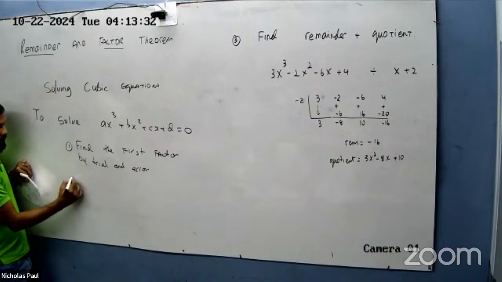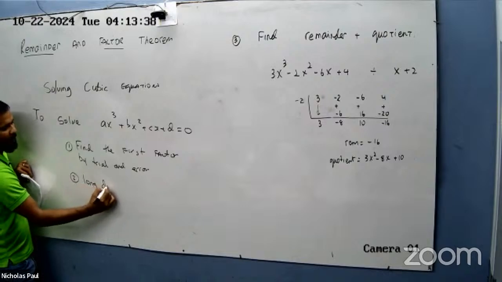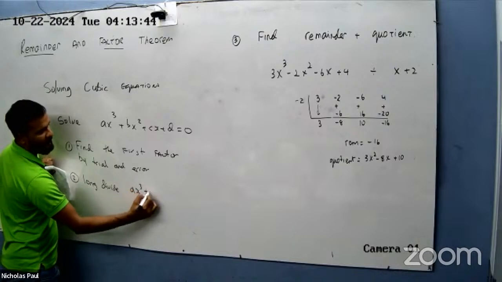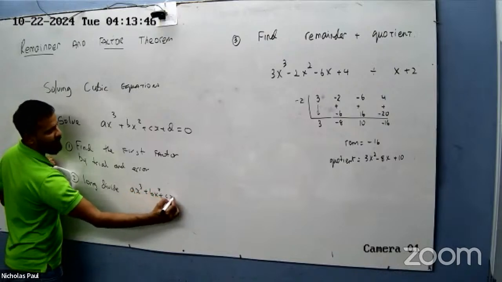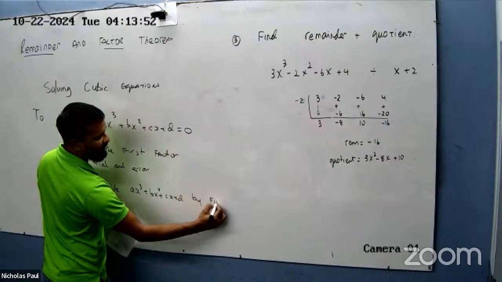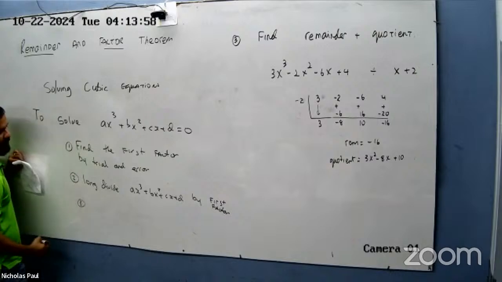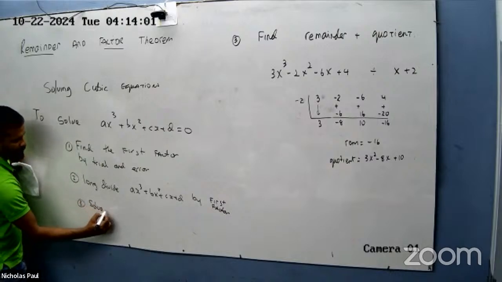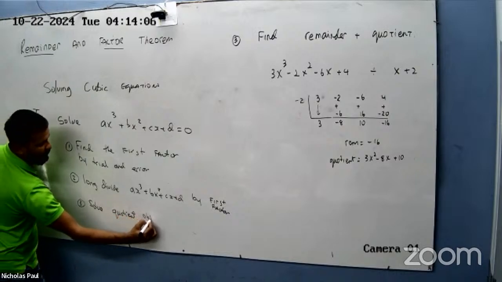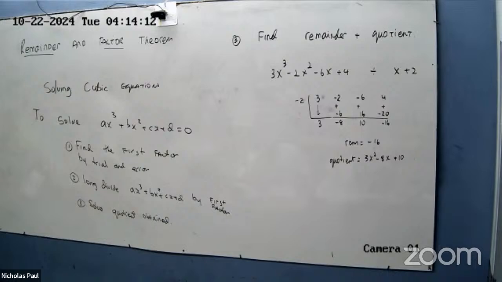Then take that first factor and long divide ax cubed plus bx squared plus cx plus d by the first factor. Third step, solve the quotient. Once you can do those three things, you can solve any cubic.